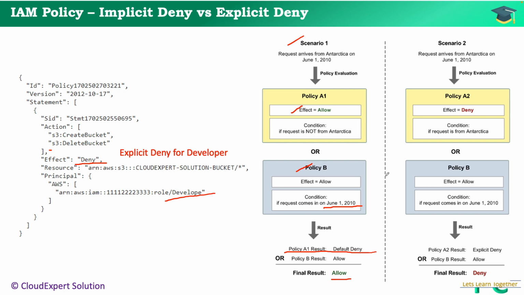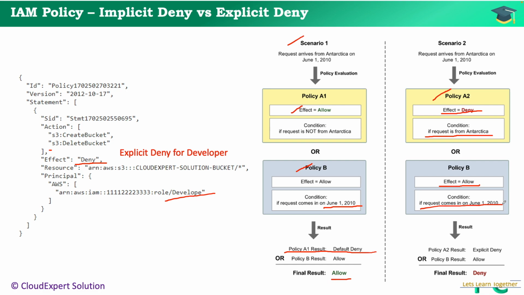In contrast, for scenario 2, let's say in policy A2 the effect is deny. That means it is explicitly denying if the request is coming from Antarctica. At the same time, policy B says the effect is allow if the request comes in on June 1, 2020. Since there is an explicit deny, the final result will be denied.